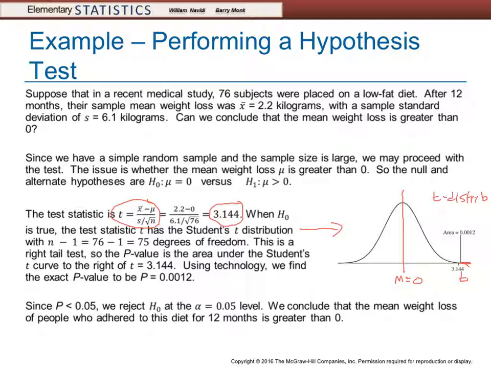And using technology, we can find the exact p-value to be 0.0012. Since the p-value is less than 0.05, we reject H0 at the alpha equals 5% significance level, and we conclude that the mean weight loss of people who adhere to this diet for 12 months is greater than 0.